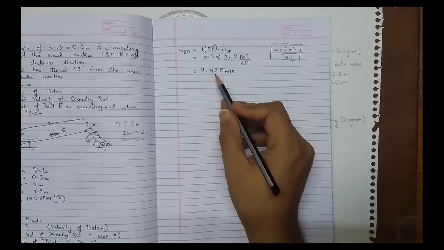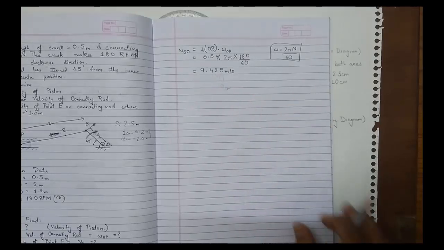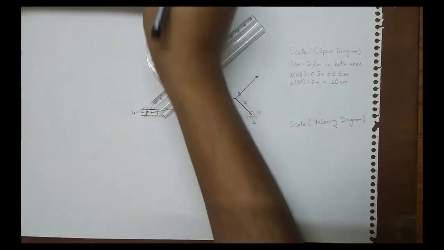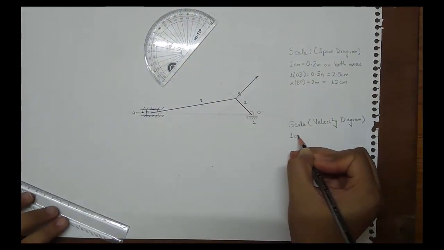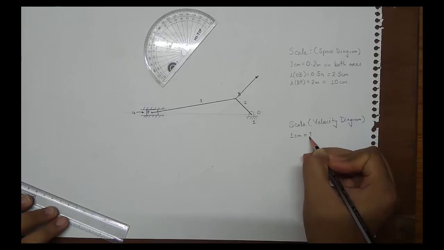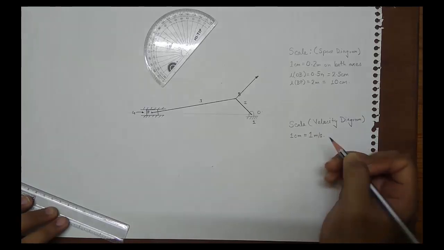So 1 centimeter becomes 1 meter per second. The scale is completely up to you. You have to take it so that it is quite understandable and not too big.